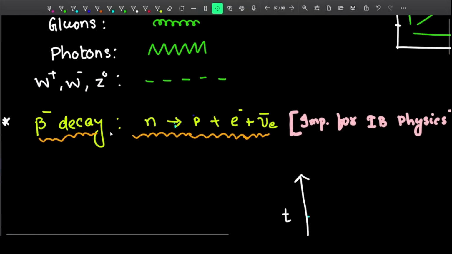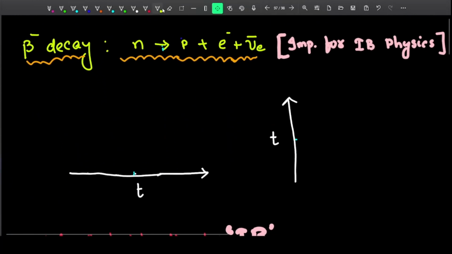The first common type of problem, or interaction you can say, is your beta minus decay. Whenever you come across these kind of Feynman diagram reactions or interactions, at first you have to identify which reaction this is. We have only 4 interactions in our nature. So which kind of interaction is this?